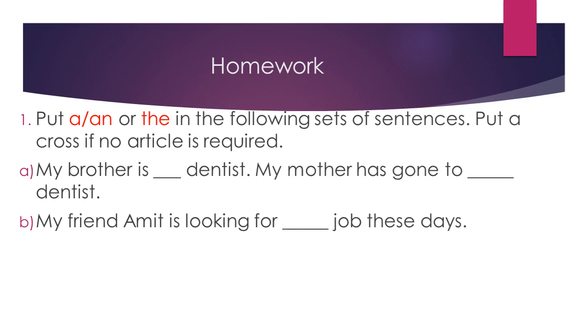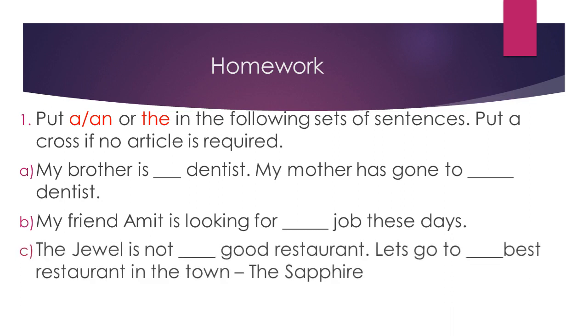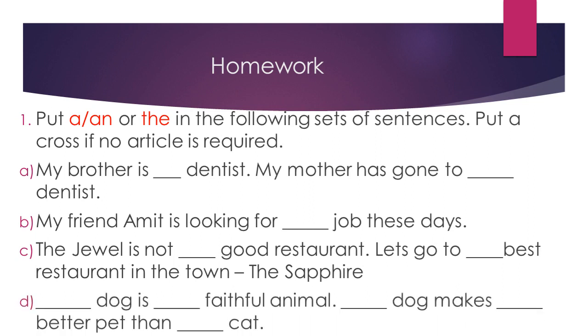B. My friend Amit is looking for dash job these days. C. The Jewel is not dash good restaurant. Let's go to dash best restaurant in the town, the Sapphire. Dash dog is dash faithful animal. Dash dog makes dash better pet than dash cat.